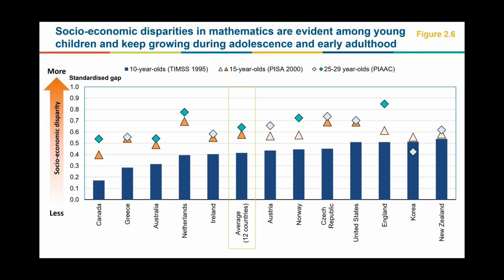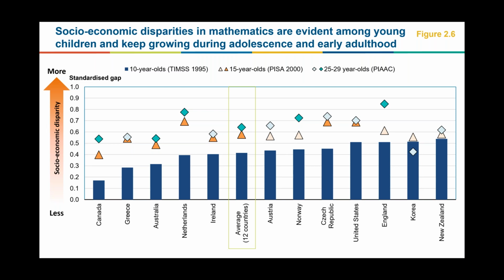That's a worry, because it shows us that our societies, our education systems have not generally been able to moderate social inequality, but social inequality has grown. Now, the 15-year-olds, 10 years later, we looked at them in the PIAAC survey, to be precise in 2014-15, and that's the green dot.